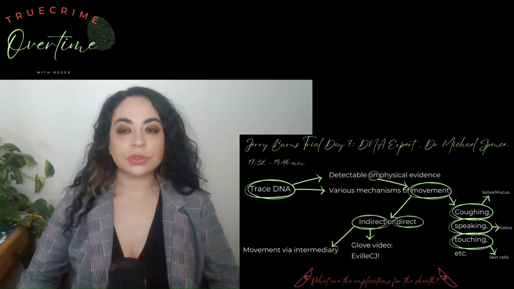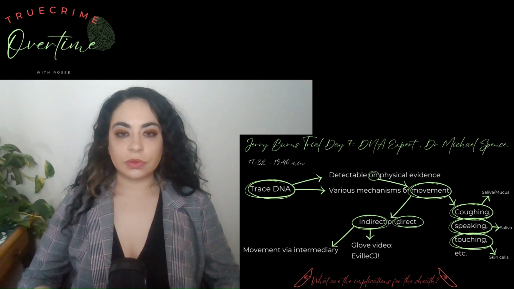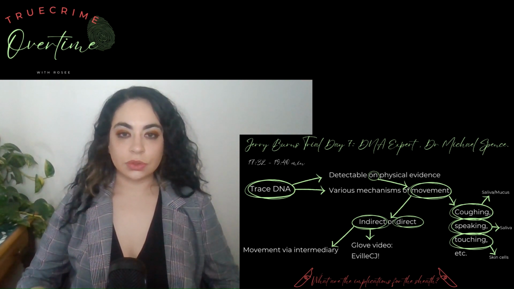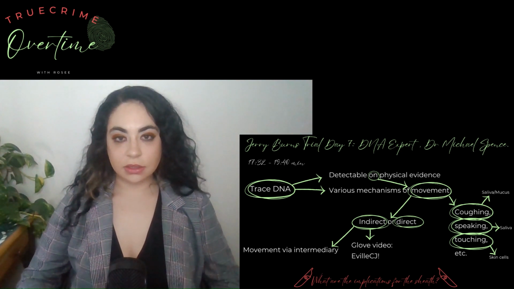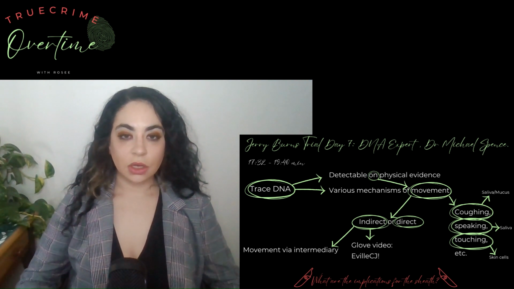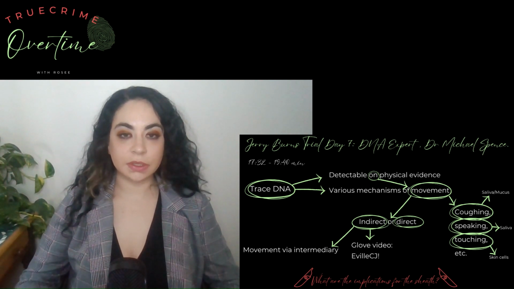So it's crucial to note that when it comes to these different types of movement, they can be direct or indirect. And in terms of indirect, that can be something that's really complicated and quite difficult to retrace, which is why I'm not entirely sure if a defense strategy like this would be the best approach.